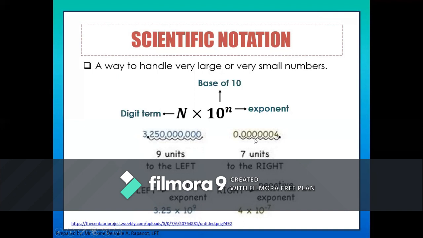For this very small number, the scientific notation format now is 4 times 10 raised to negative 7. Again, the sign of the exponent depends on the manner you move the decimal point. Positive because we move the decimal point from right going to left. Negative because we move the decimal point from left going to right. Okay?